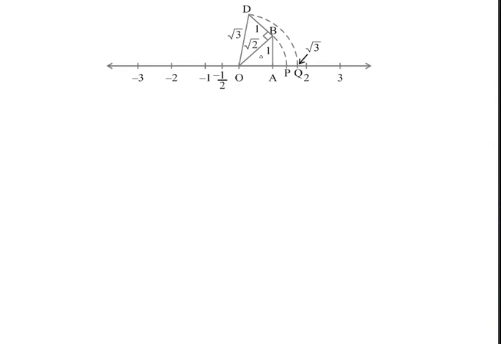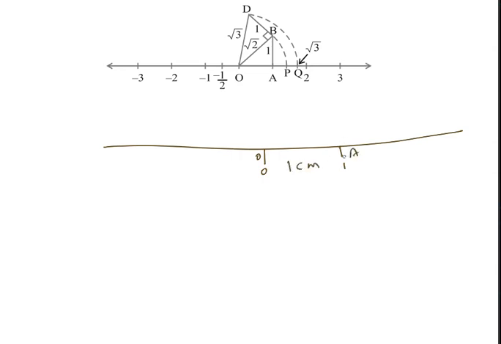Next we'll try to represent root 3 on the number line. Already we have represented root 2 on the number line. This is O, the origin, and this is 1 unit, that means 1 centimeter.